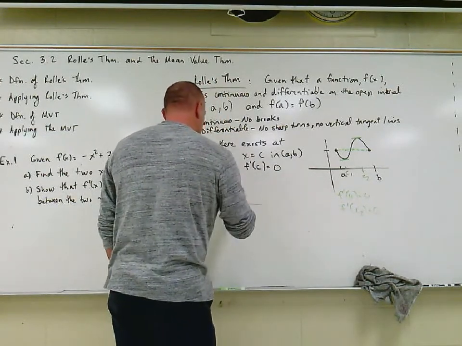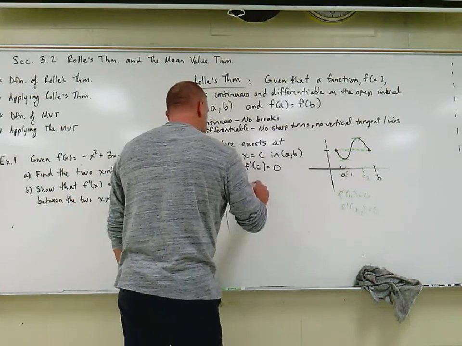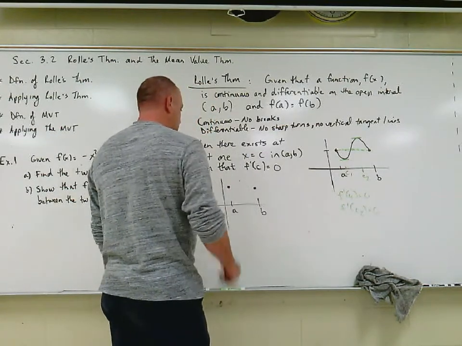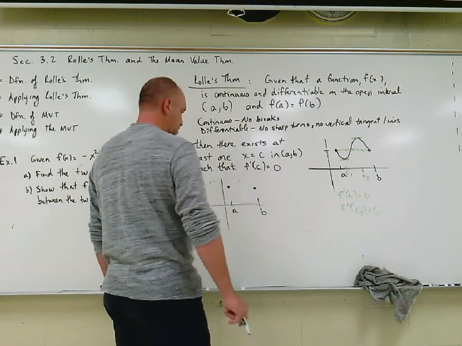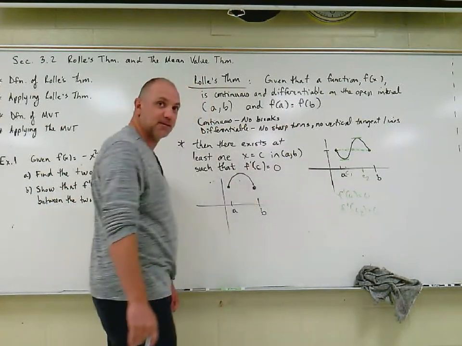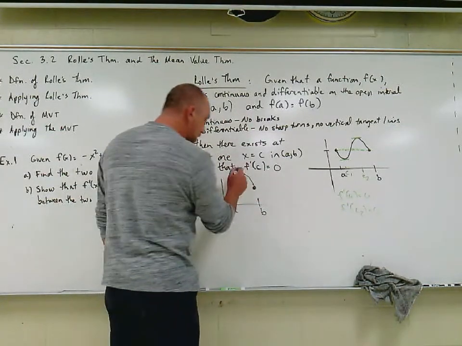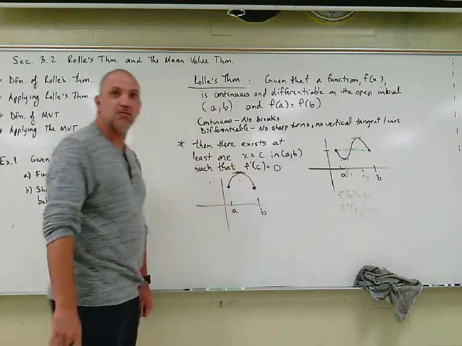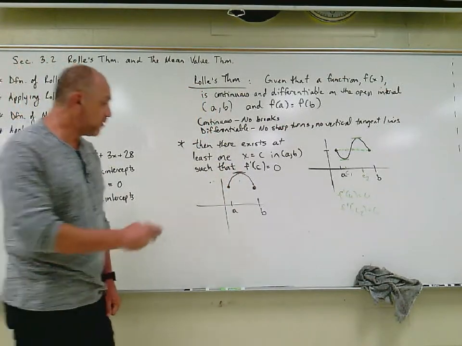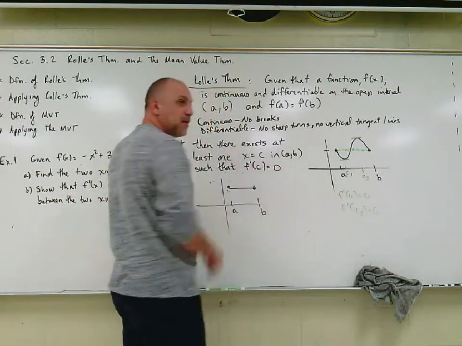Again, here's A, here's B, both endpoints are at the same height. I've got to go from here and end up here. If I go up, then I've got to come back down at some point. If I go down, I've got to come back up at some point. So there's got to be at least one slope of 0. Even if I just go straight, then there's infinitely many points.